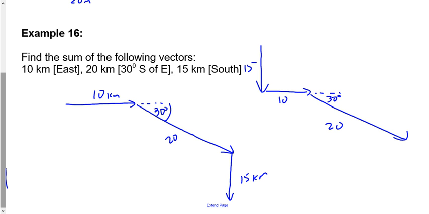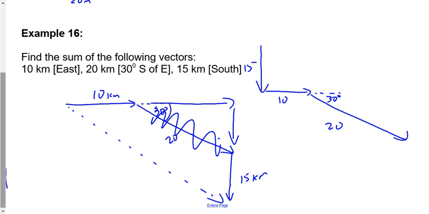Draw them in whatever order you want, as long as we have them drawn head to tail, except the resultant. The resultant vector is always drawn from start to finish. And once we have those drawn, we do our thing. We get rid of a funny angle. We replace this with this, and then we've got a right angle triangle. We do our thing.